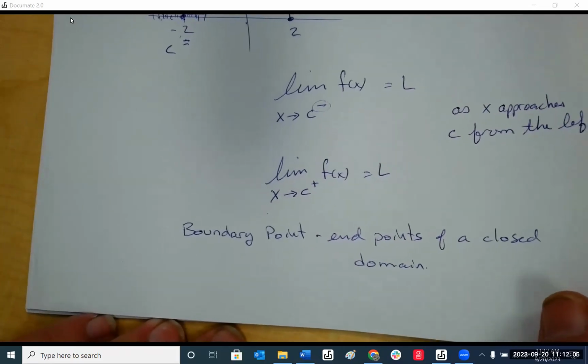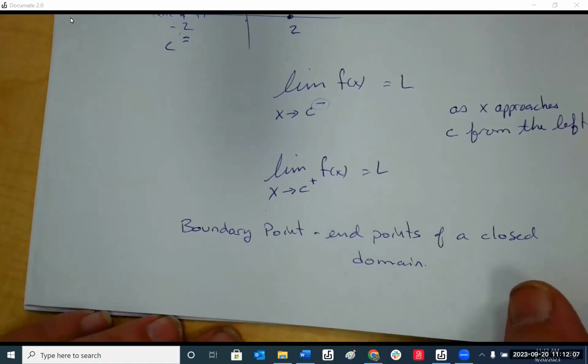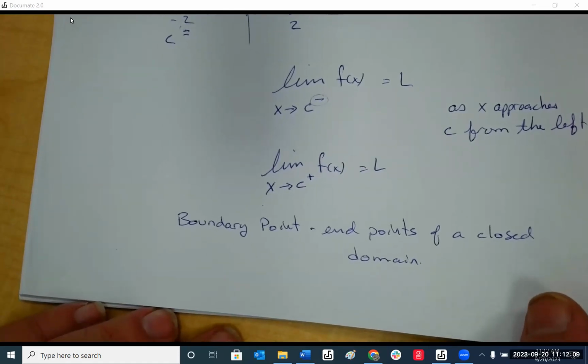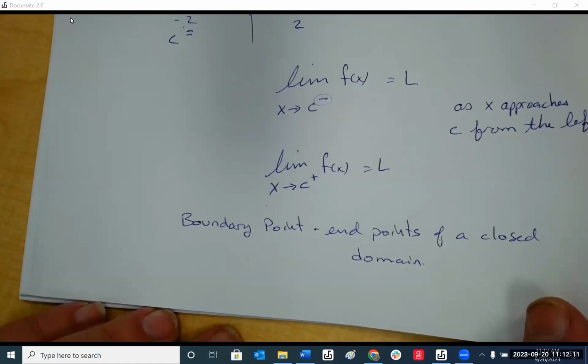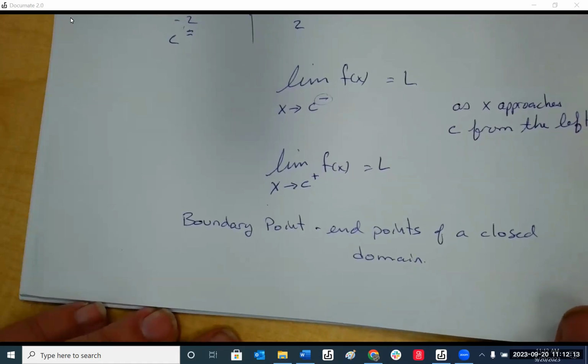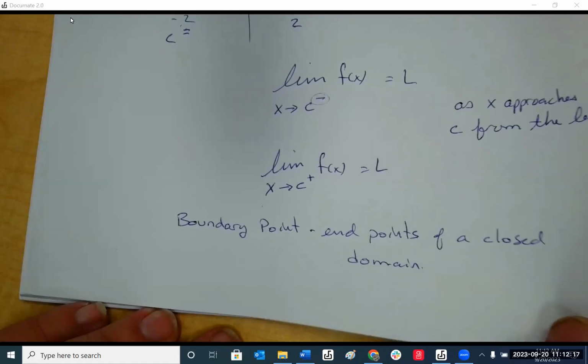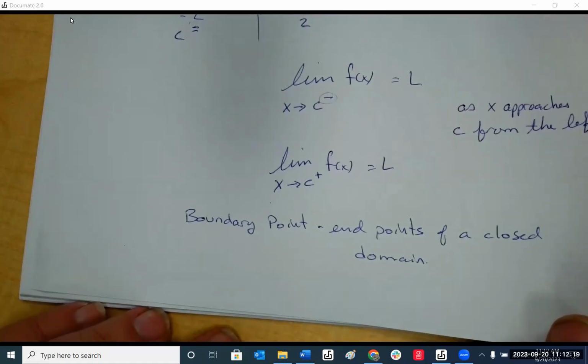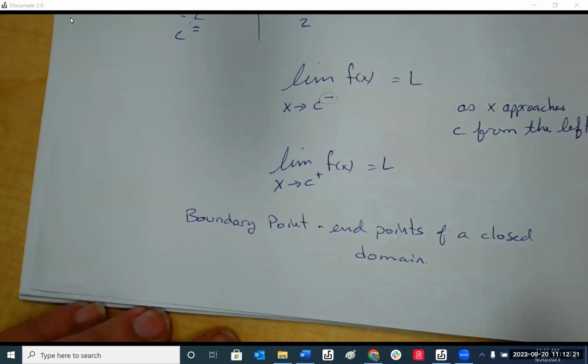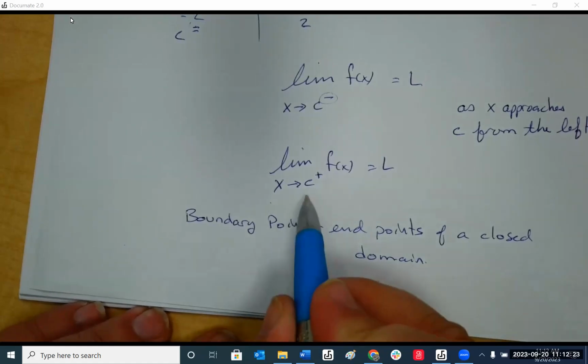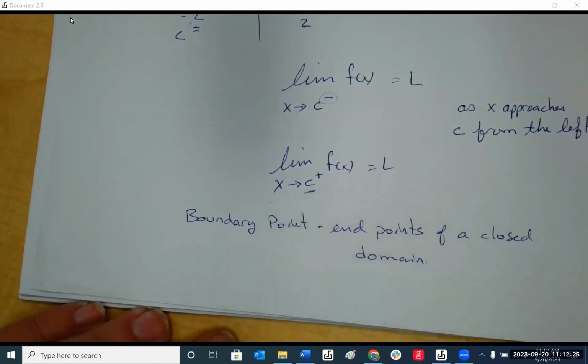So let's look at limits at boundary points. And review real quick. How do we find our values of C?